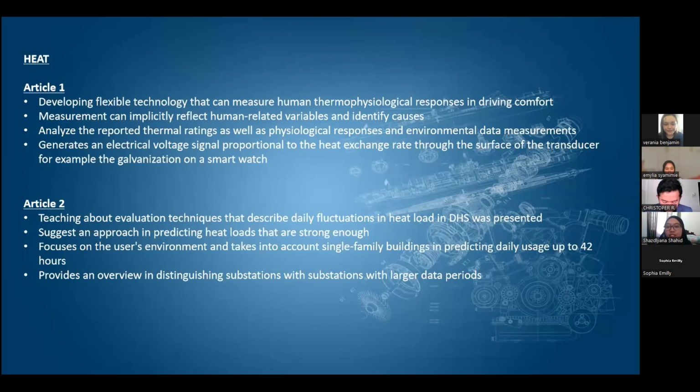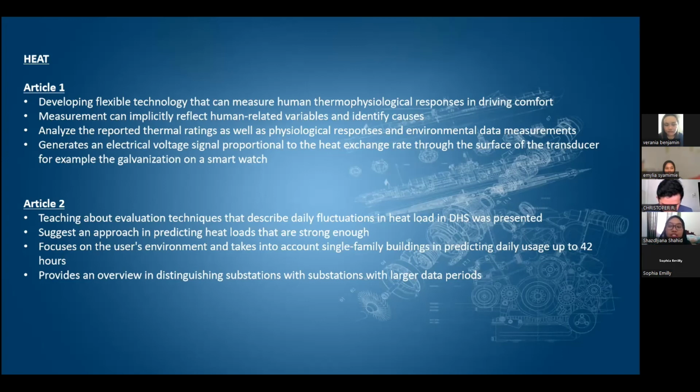For the second article that we have discussed, it is about forecasting heat load for smart district heating systems, a machine learning approach. This paper presents an evaluation technique that explains daily fluctuation in heat load in DHS. This can suggest an approach in predicting heat load that is strong enough.